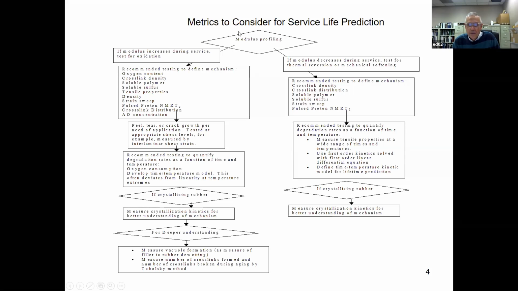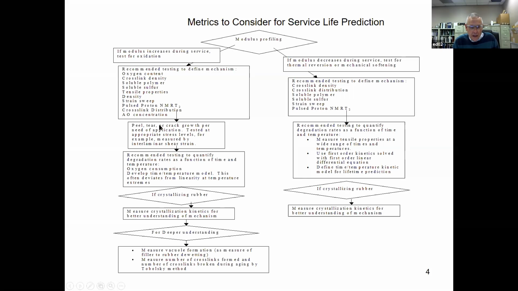Sometimes I start with modulus profiling. If the modulus increases, then I think maybe oxidation, and I think about these tests: oxygen content, cross-link density, soluble polymer, soluble sulfur, tensile properties, density, DMA strain sweep, pulse proton time domain NMR, cross-link distribution, AO concentration.